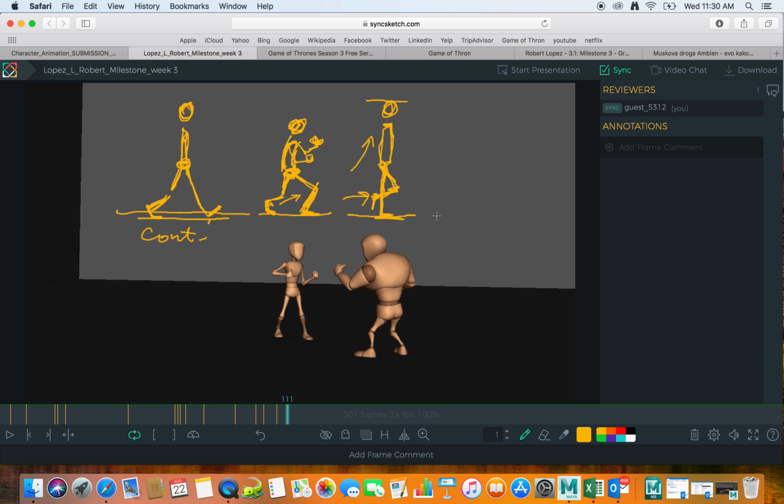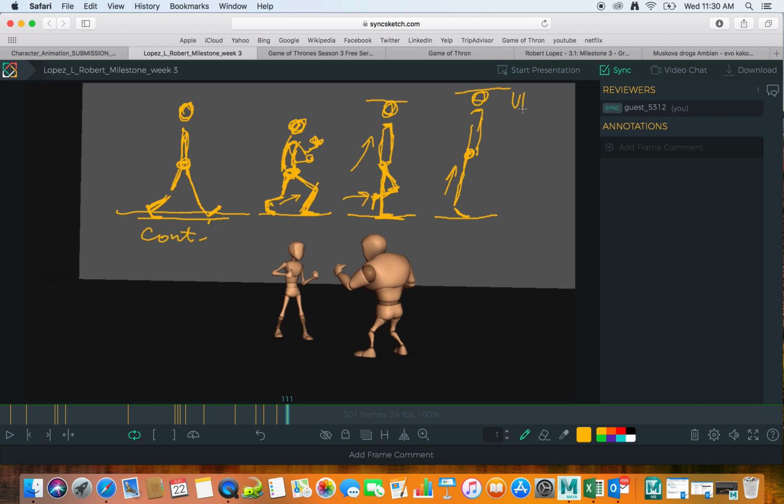After this one, he goes in up pose, where he goes a bit on the toes, not as much as on the contact pose, less, but the leg is straight, and that is actually pushing the character to be in the highest place.